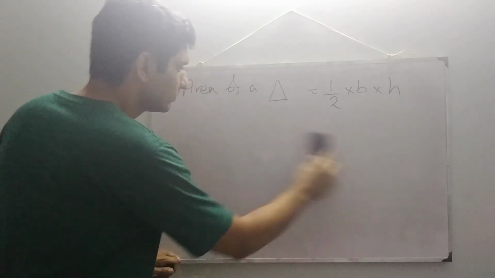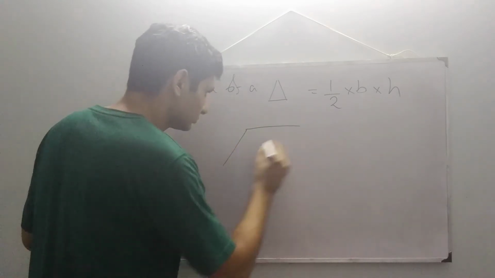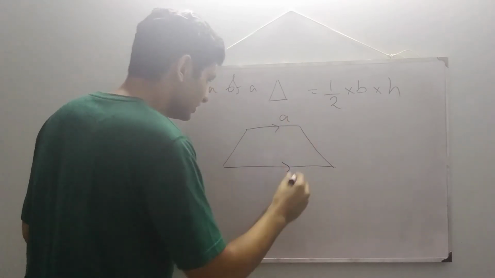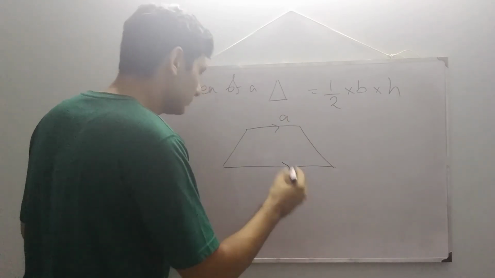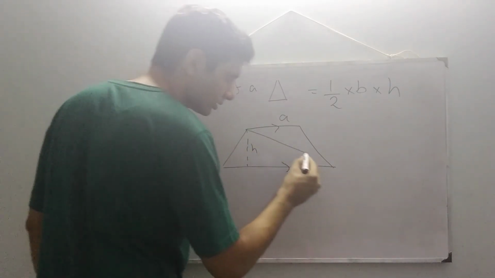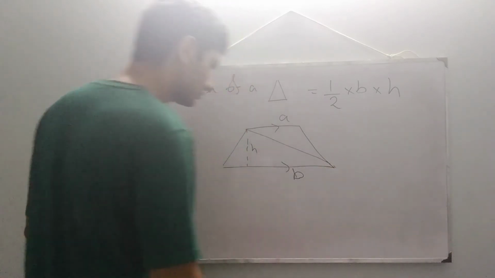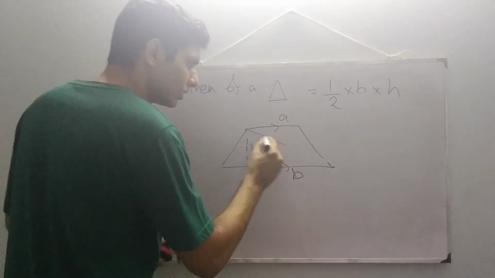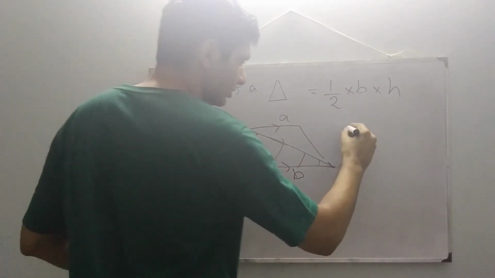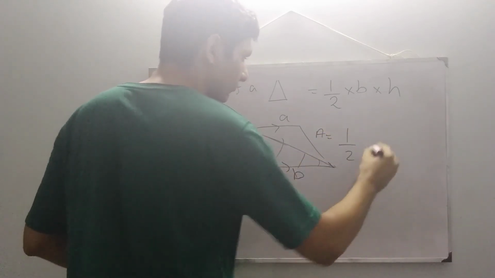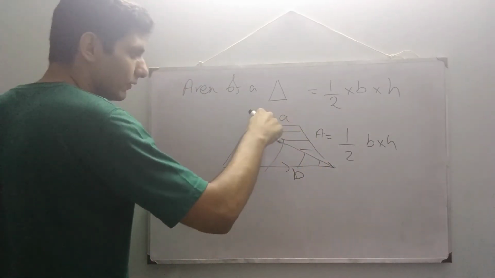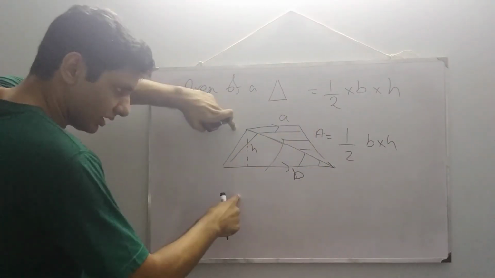Similarly, for a trapezium, if these sides are parallel, this is A, this is B, and I could draw the height again, H, and again I could cut it into triangles. The area of this triangle is half of B times H. The area of this triangle is half of A times H, because A is the base, H is the height.